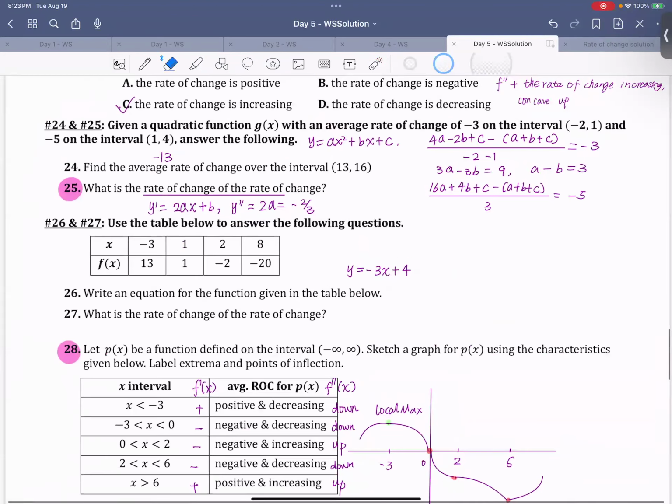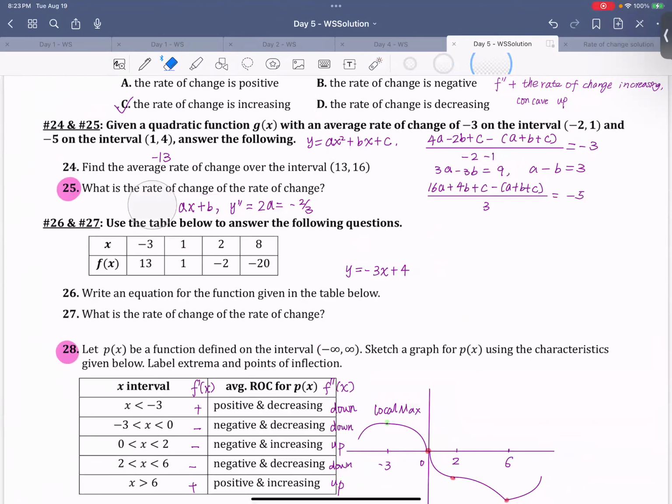24, 25, you have to pay attention. I give you a hint. This one, they didn't give you a table. They give you an interval. This is not -2, this is not your x, y, okay? Pay attention. This is an interval. -2, 1, you have a slope of -3.